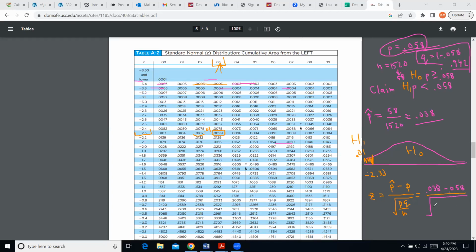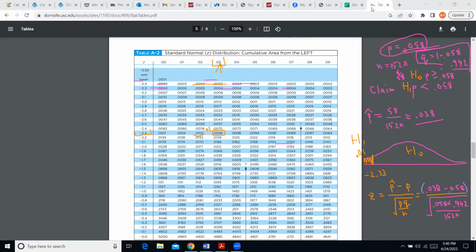So that's 0.58 times 0.942, right? That's q, the complement. And I divide this by the sample size, 1520. So this is what I need to enter in the calculator, with the parentheses necessary for the upper part.